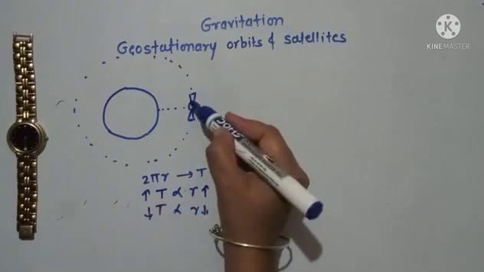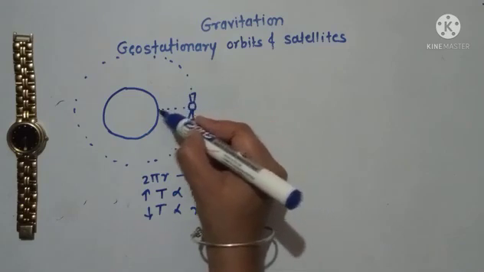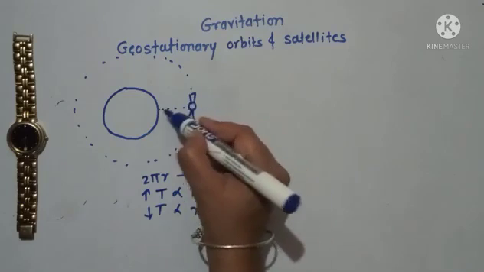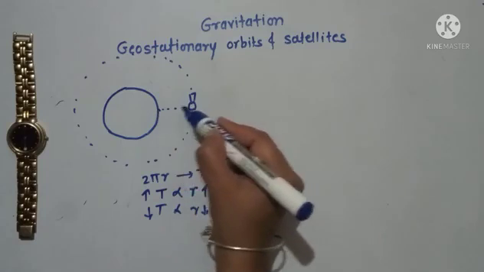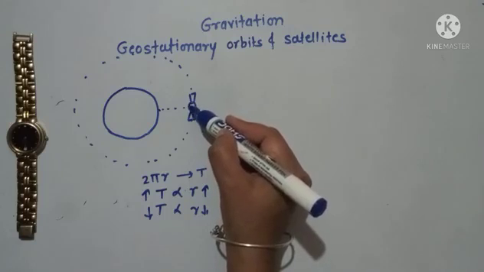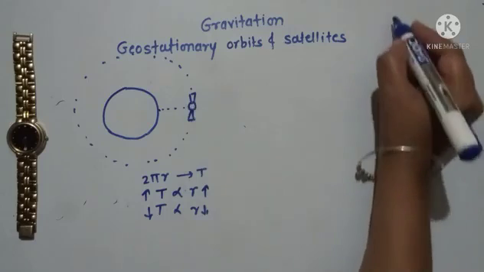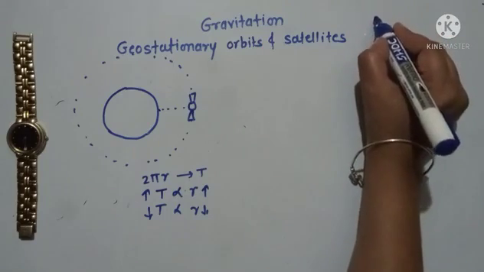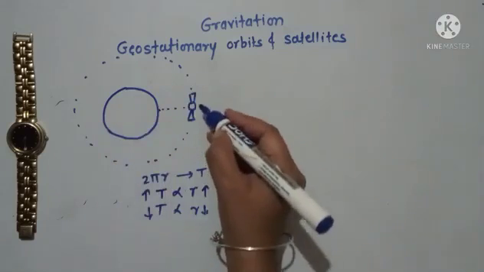Geostationary satellite means this satellite should be steady with respect to the earth surface. Whenever any observer is standing on the earth surface, he should see that satellite at every time of the day. This satellite is used for different purposes, like communication and research, which we have seen in a previous lecture.